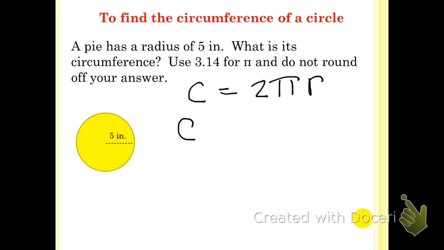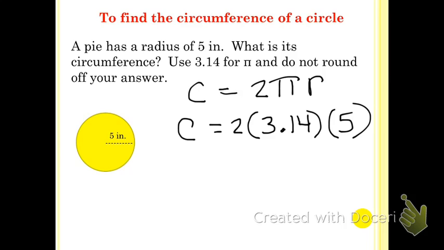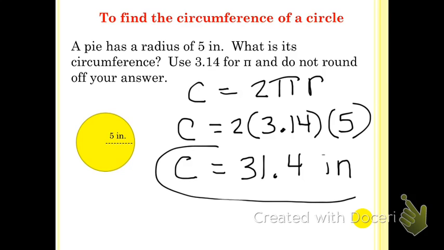C equals 2 times 3.14 times my radius 5. 2 times 3.14 times 5 is equal to 31.4. So the circumference of my circle is 31.4 inches. Don't forget your units.